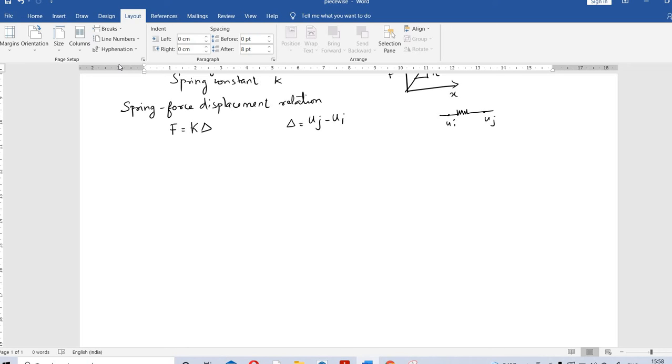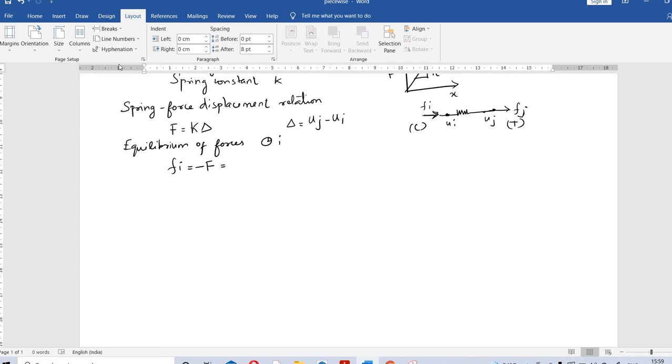Then the equilibrium of forces at the ith node. I have specified this is Fi, here this is Fj. Considering this node, Fi is the compression force. Considering the node J, Fj is the tensile force. So Fi is equal to minus F, because it is a compressive force.